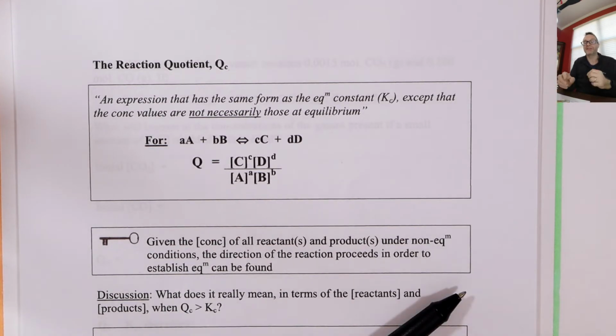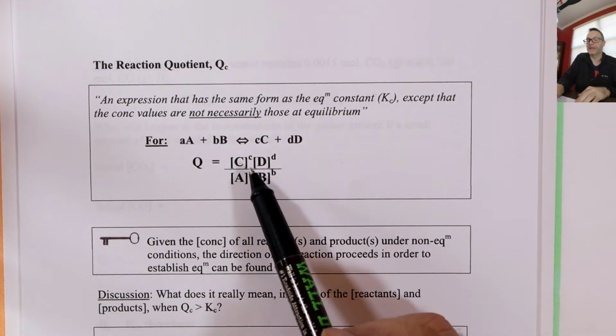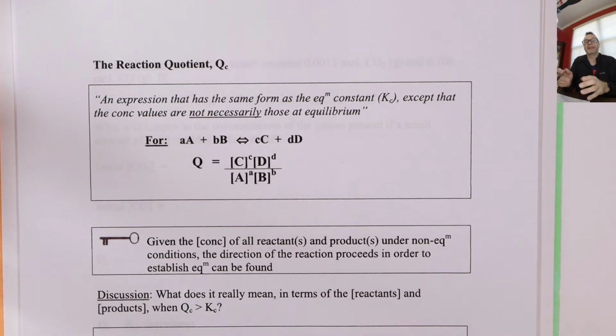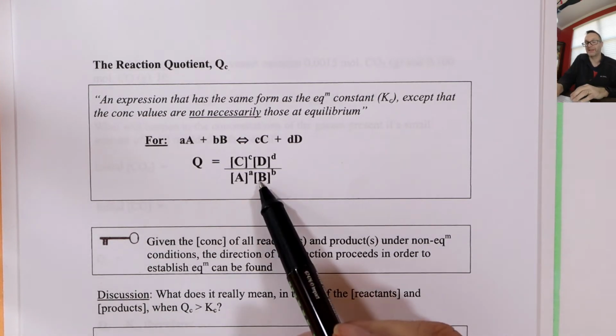If you throw some reactants into a vessel and they start to turn into products, it takes a little while to establish that equilibrium. While you're establishing it, there's still a ratio of products to reactants, isn't there? So Q is K, but not at equilibrium. It's the same expression, just measured away from equilibrium. K will equal Q at equilibrium because it's the same math.